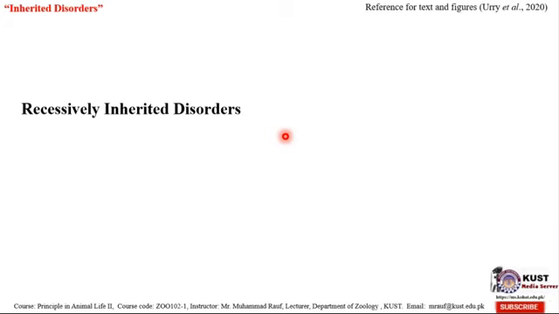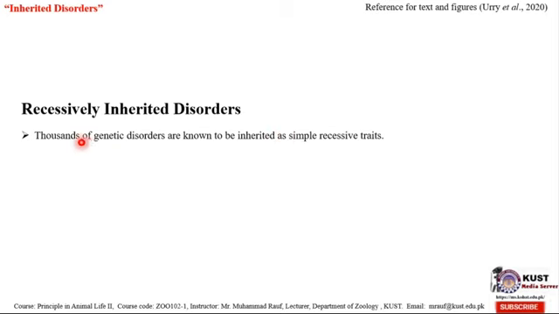Recessively inherited disorders. Inherited disorders are genetic disorders which are acquired by the offspring from their parents. Thousands of genetic disorders are known to be inherited as simple recessive traits. So here you need to know about recessive genetic disorders and dominant genetic disorders.